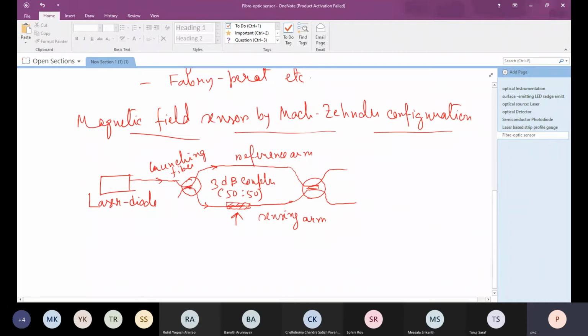The splitting mechanism is very simple. If the fiber is bent, some modes of the optical fiber will come out. That becomes not a guided mode but a leaky mode. Now, if I have another waveguide which can support the same wavelength of light, and that is also bent and brought very close, this closeness has to be of the order of the wavelength.